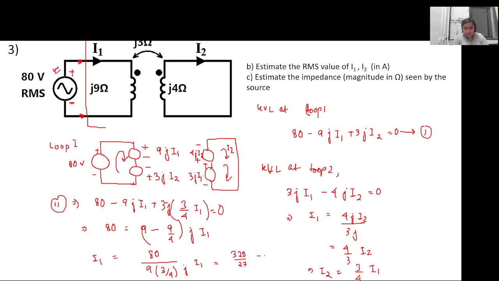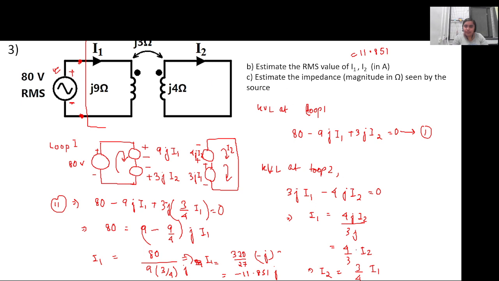If you take j in the denominator, it will be minus j. So it is minus 11.851j. The RMS value of I1 will be 11.851. So you guys also got the same thing.